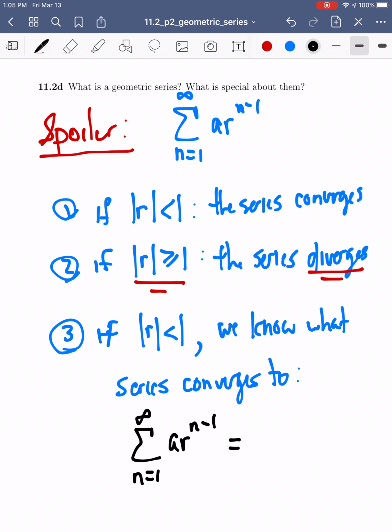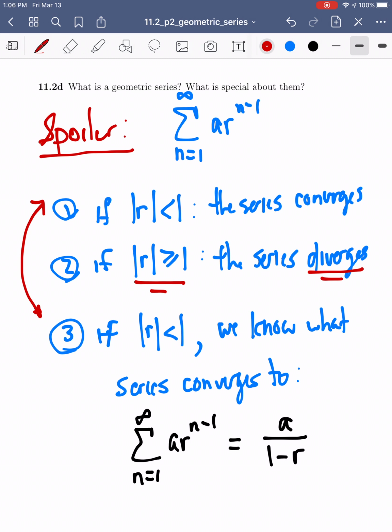Remember, a and r are just some numbers, but this infinite sum of terms actually comes out to a all over 1 minus r. And remember, this is only the case if r is less than 1 in absolute value. So 1 and 3 go hand in hand because they both have the same condition, r less than 1 in absolute value. If the series converges, we also know what it converges to. And this is going to be something that's very special about geometric series.